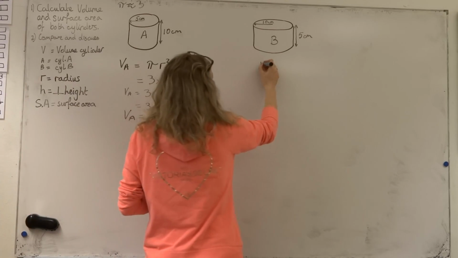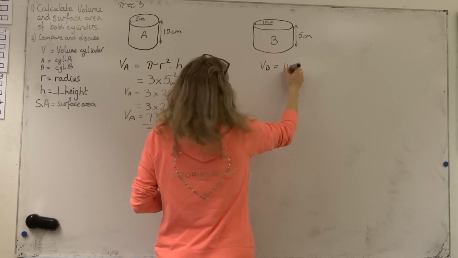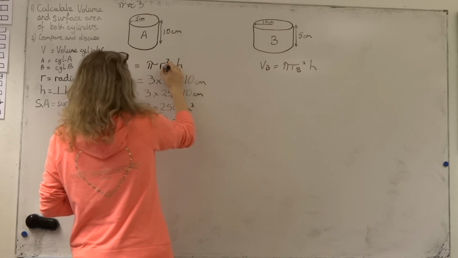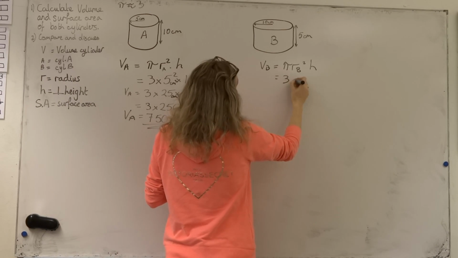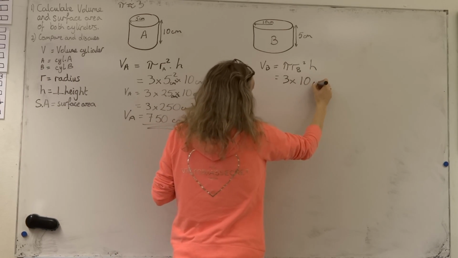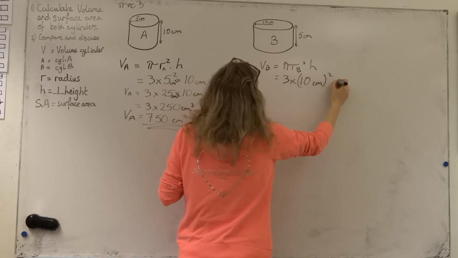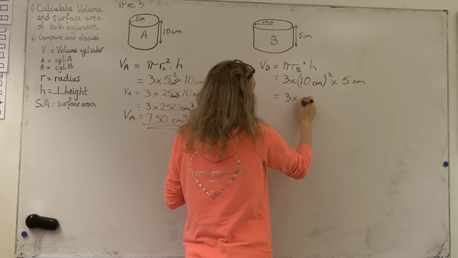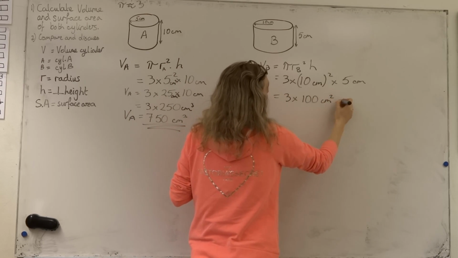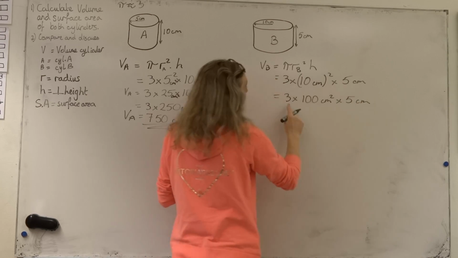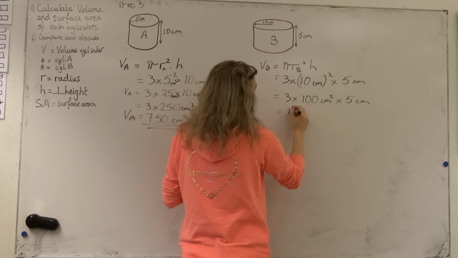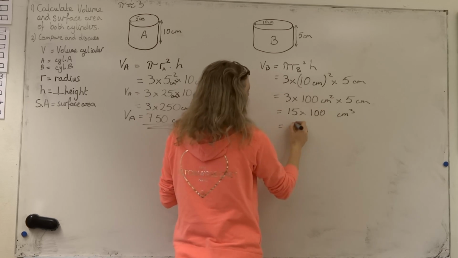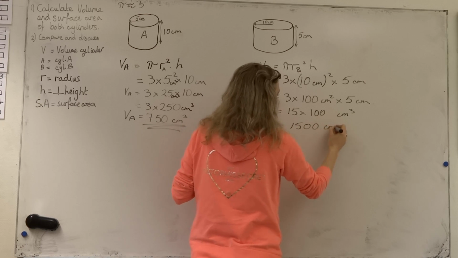Volume of cylinder B then, same formula, pi r_B squared times h. 3 times 10 centimetres squared times 5 centimetres is going to give us 3 times 100 centimetres squared times 5 centimetres. 3 5s are 15. 15 times 100 centimetres cubed gives us 1,500 centimetres cubed.